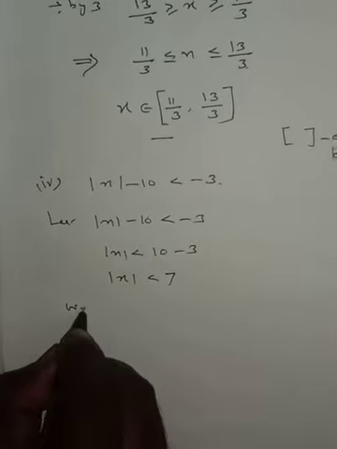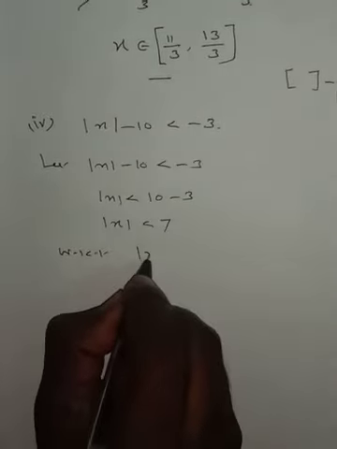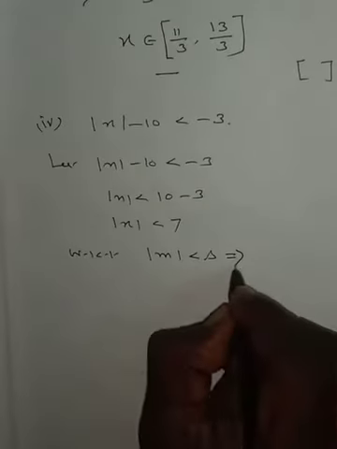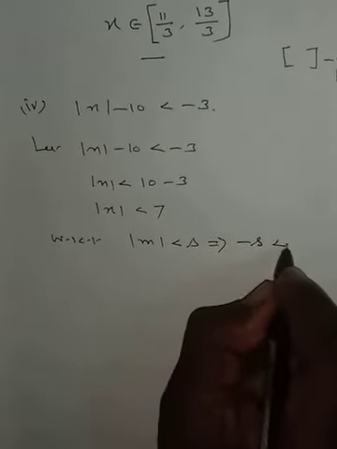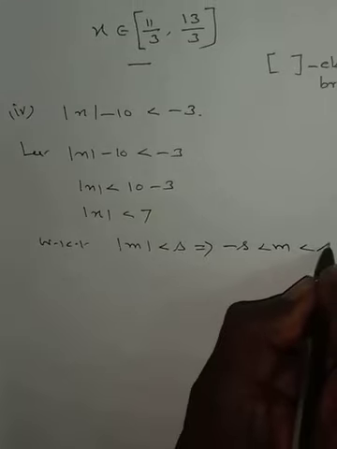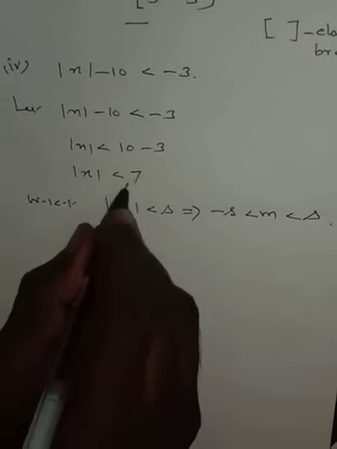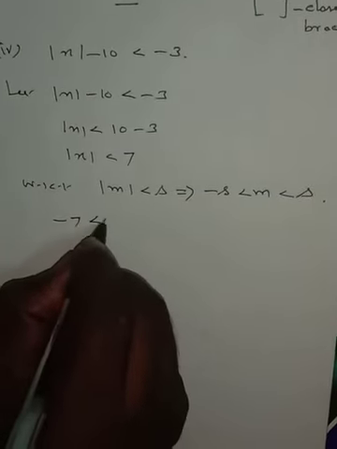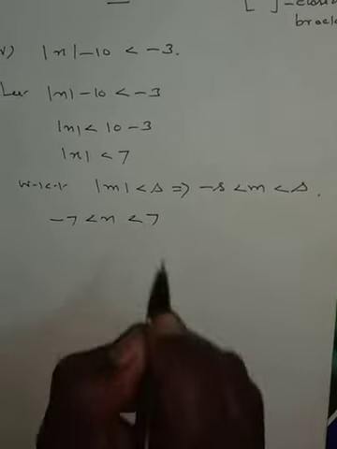We know that mod m, which is strictly less than s, implies minus s less than m less than s. Okay. Now minus 7 less than x less than 7.